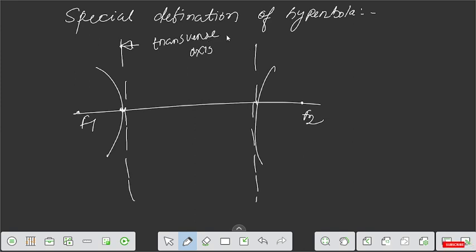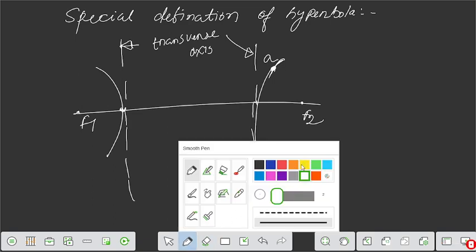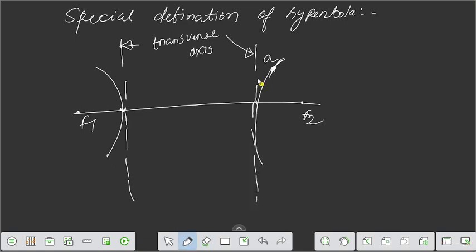On this curve, one point is A, the next point is B. So the difference of the distances from the two fixed points is always constant.